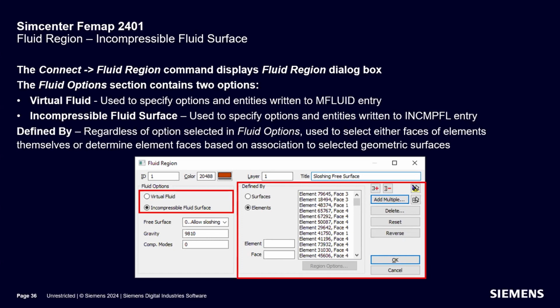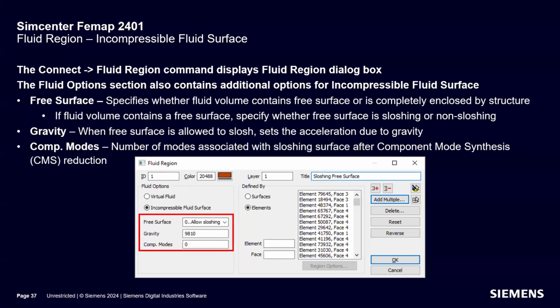You basically just give it the faces that you want to say are the free surfaces of your incompressible fluid surface. You can say whether the free surface allows sloshing, and you can put in gravity. And if you're going to do component mode synthesis reduction, you can also just give it the number of modes that you want to use to be able to do that.